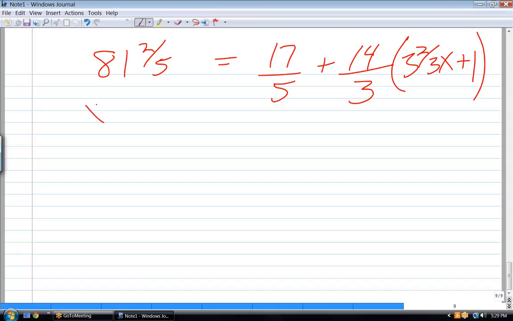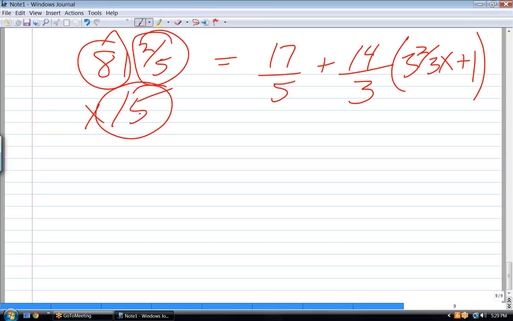What if I multiply this by 15? How do I multiply 81 and 2/5 by 15? Oh. 15 is going to be the number I'm going to multiply everything by, right? That's a common denominator. Yeah. Well, I can multiply 15 times 81 and then 15 times 2/5 and then add them together.